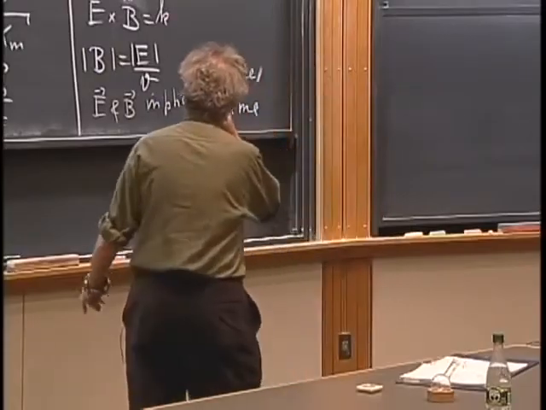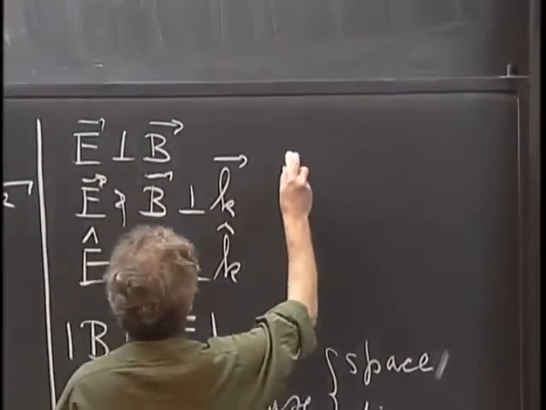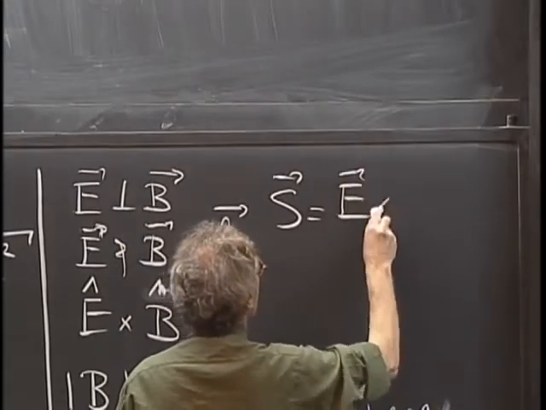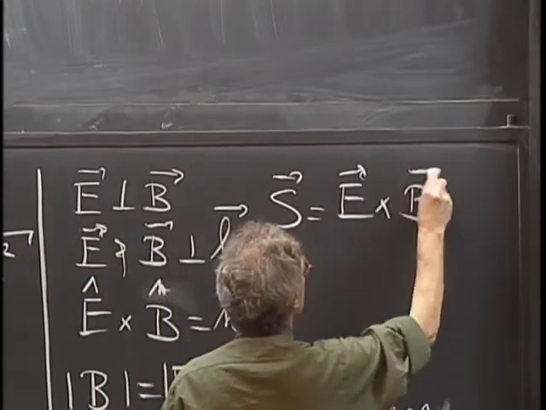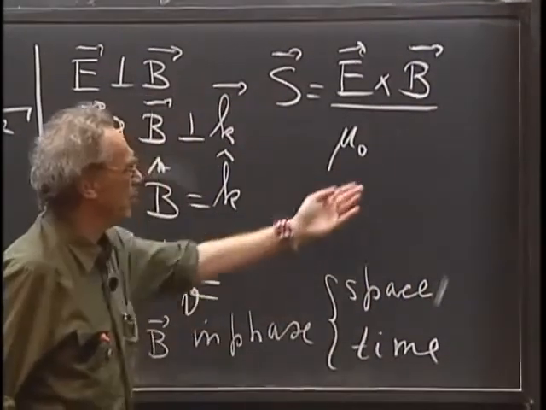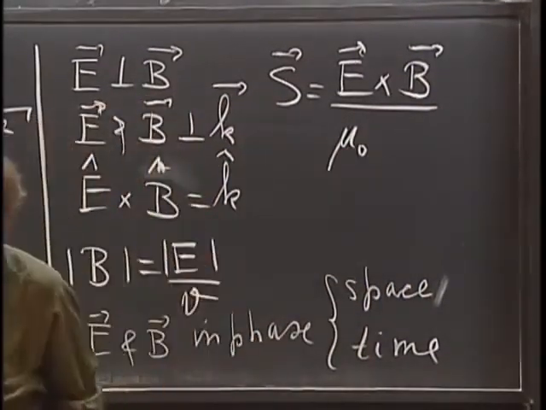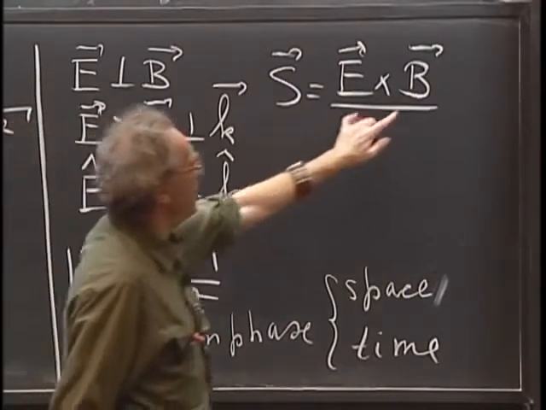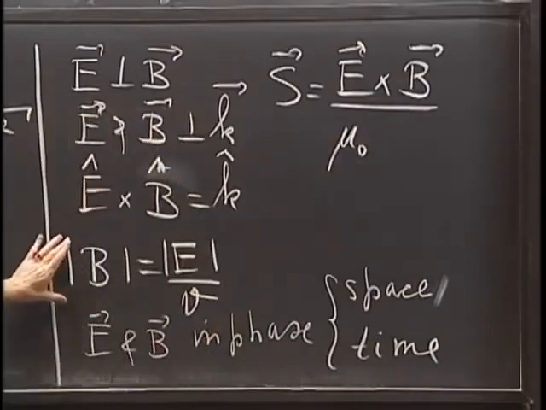The pointing vector S is E cross B divided by mu 0, and if there were magnetic material, you would also have a kappa m here, but I will leave that out. You can always write down for the magnitude of B, E divided by v.